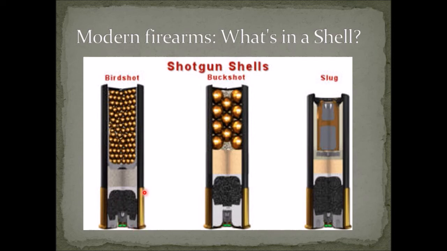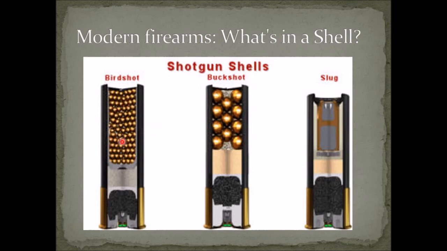We've still got a brass casing going to here. Okay. Then we've got powder. Then we've got a spacer. This is also known as packing. And then the shot. These are little ball bearings, also made of lead, which has been coated with copper.